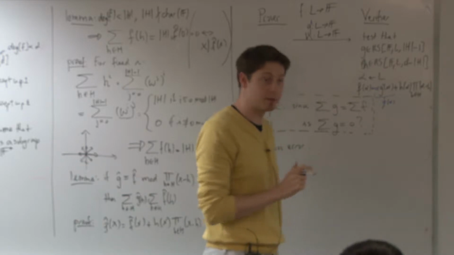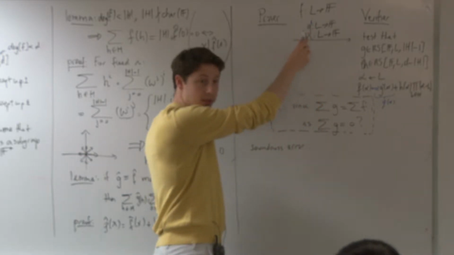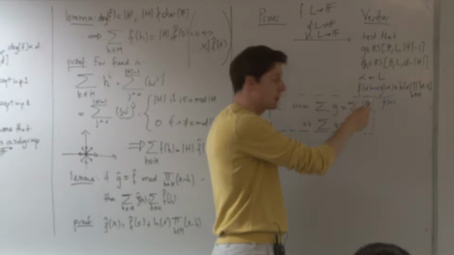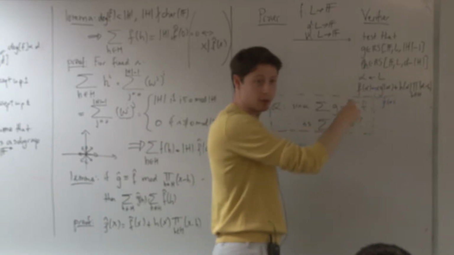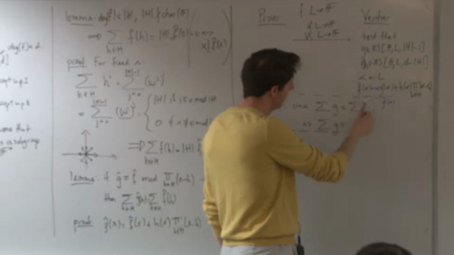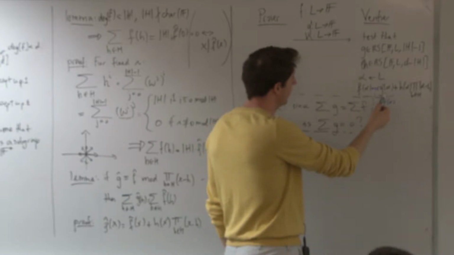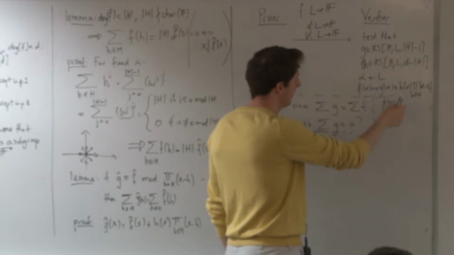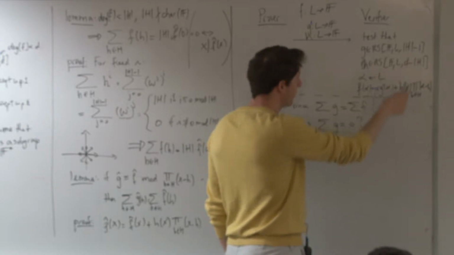D over L, right? Because I'm starting from F that has degree D. And for example, F participates in the left-hand side. So I will pay for the maximum degree that shows up anywhere here. Here I have D. Here I have H minus 1 then times H, right? Here I have D minus H and then H again.